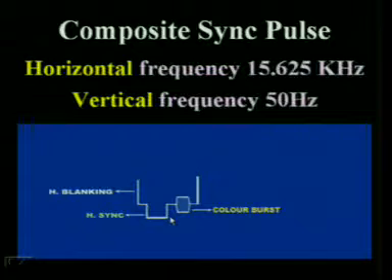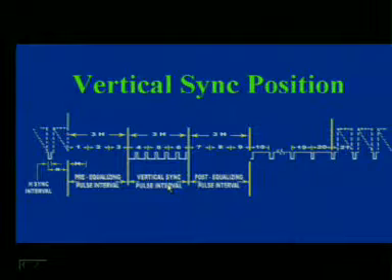Then where is the vertical sync? The position of vertical sync is different compared to the horizontal sync. This was not the condition in case of horizontal sync. The vertical sync has been put in a safer position.